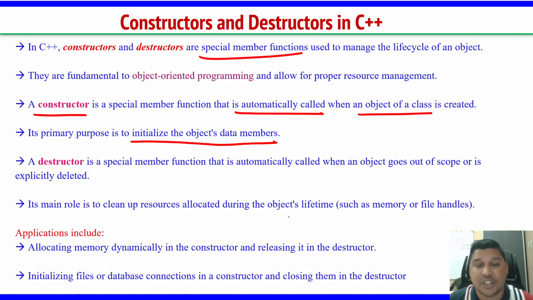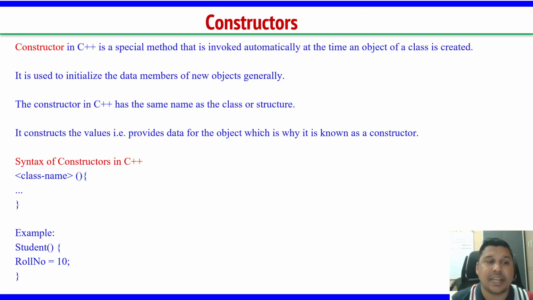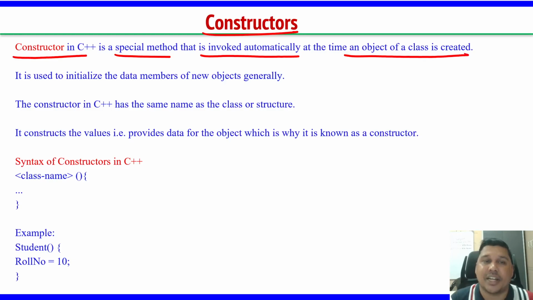Let us study constructors in detail. A constructor in C++ is a special method that is invoked automatically at the time an object is created. It is used to initialize the data members of the new objects generally.